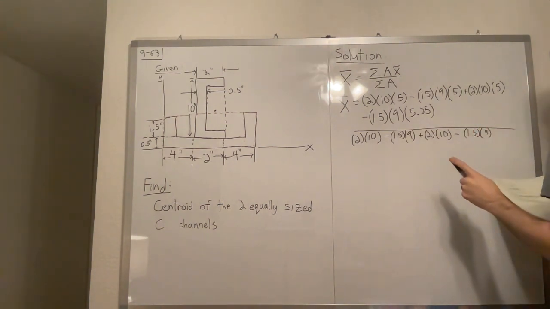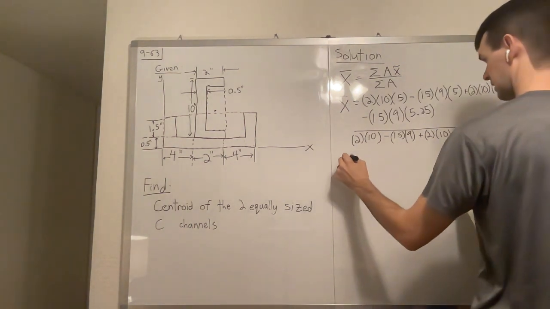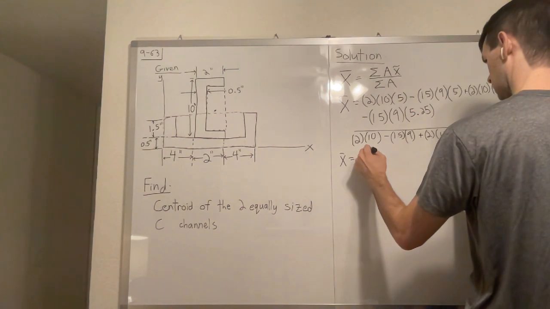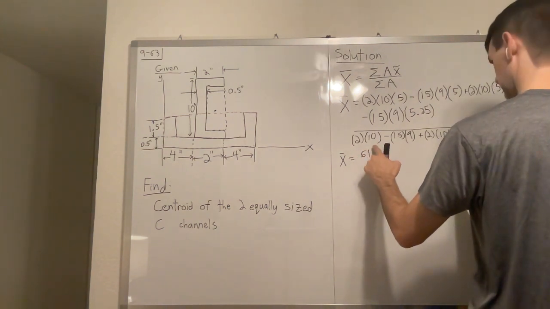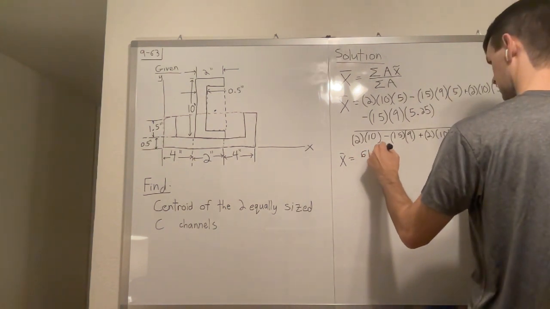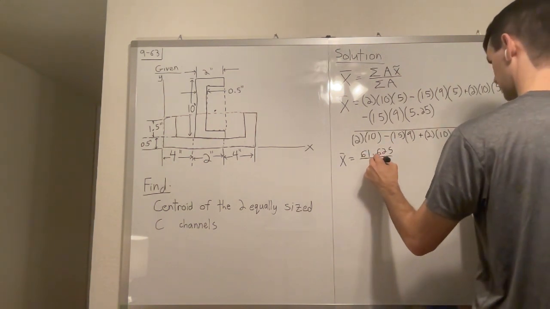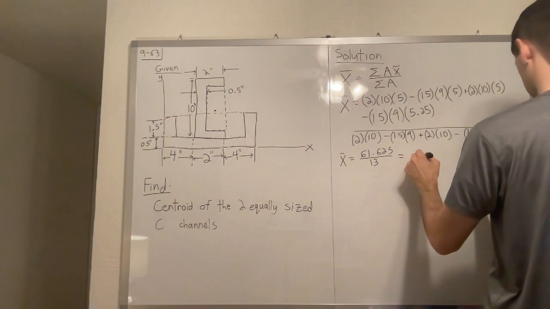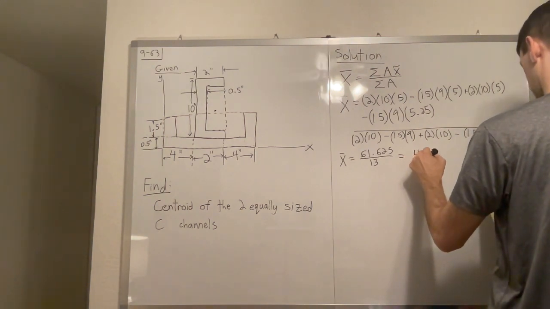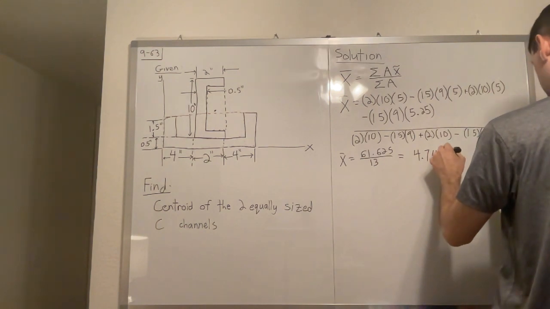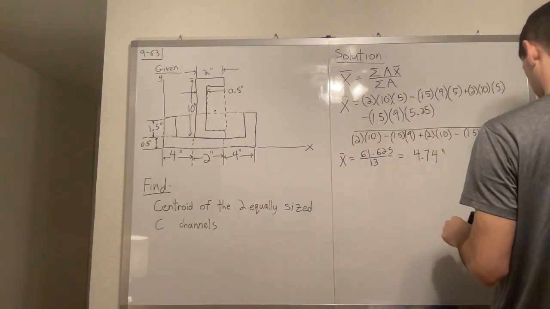And if we do all that math, we end up getting that x bar equals 61.625 in the numerator, and in the denominator it's 13, which gets us 4.74 inches.